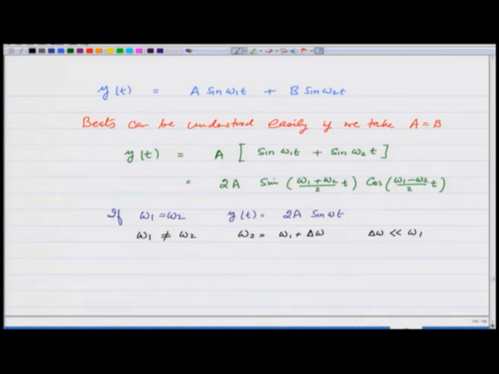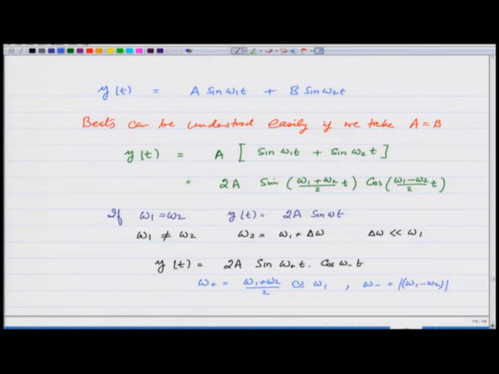Then I can approximately write my y t is equal to 2A sine of omega 1 plus omega 2 over 2, which can still be taken as just omega, or if I want to be very precise, I will write this as sine omega plus t times cosine of omega minus t, where omega plus is omega 1 plus omega 2 over 2, which I can write approximately as omega 1, and omega minus is equal to omega 1 minus omega 2 magnitude divided by 2.